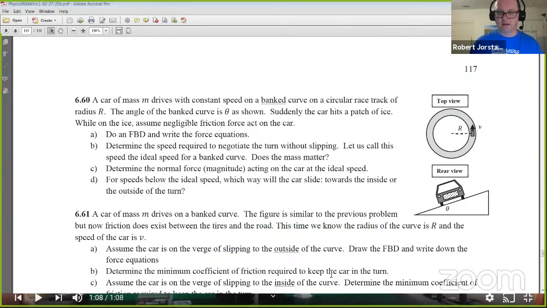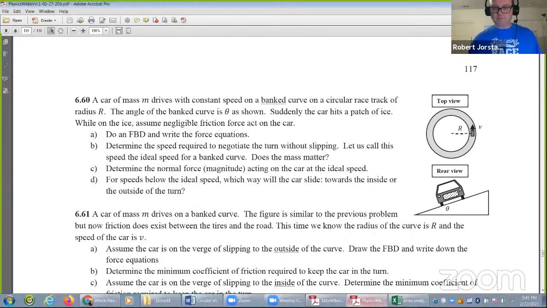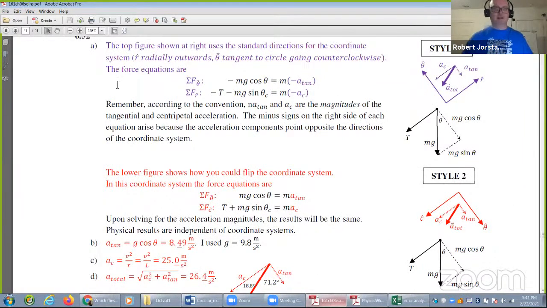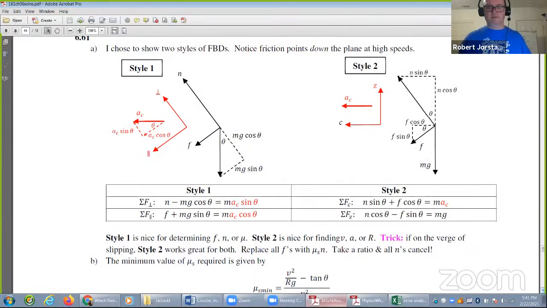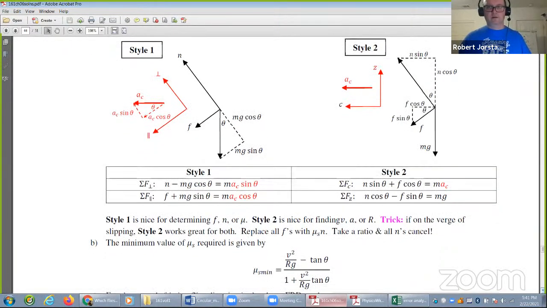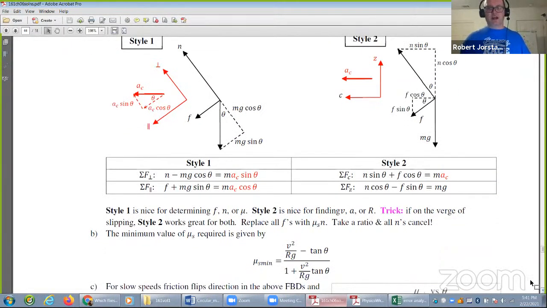Let's go look at it. So you could predict what the force equations in FBDs should look like. I show two styles here. I'm going to pause for a second and let you see if you have any questions. After this problem we'll take our break, but let's get through this one.